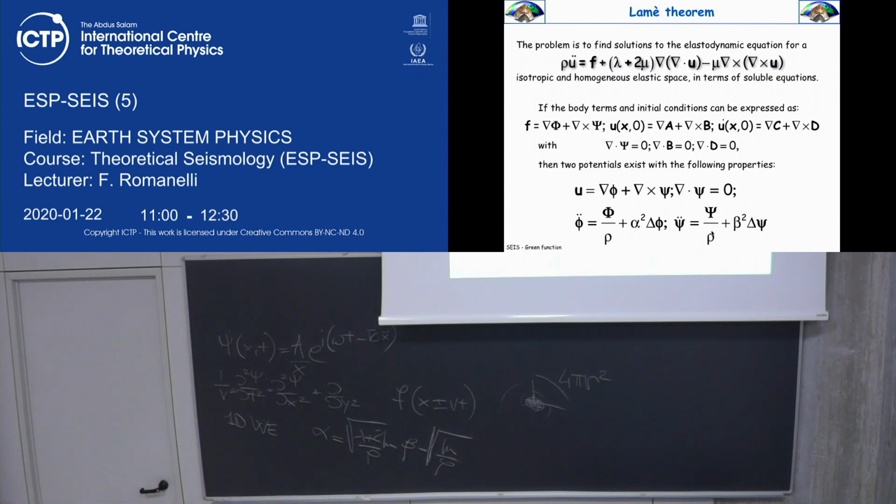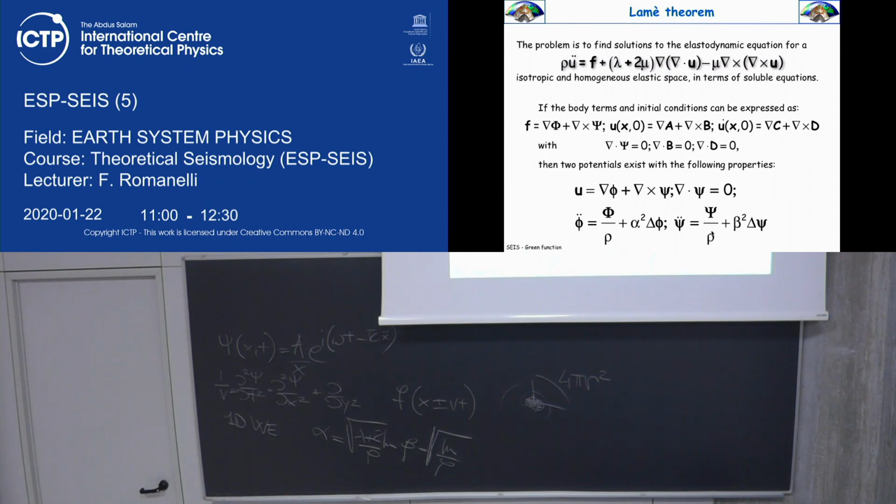Do you recognize something in the two problems? Yeah. Well, actually, if you get out these two terms, it's exactly like P waves and S waves, and we solved it. So actually, thanks to Helmholtz and thanks to Lamé theorem, now the problem that we have to solve with this F can be reduced to these two. What is the problem in these two?